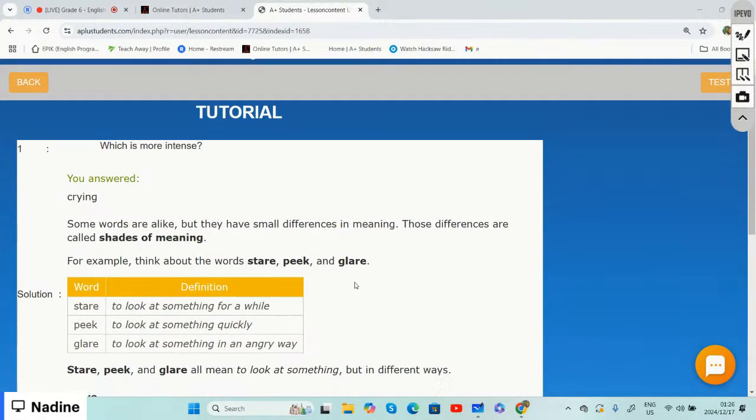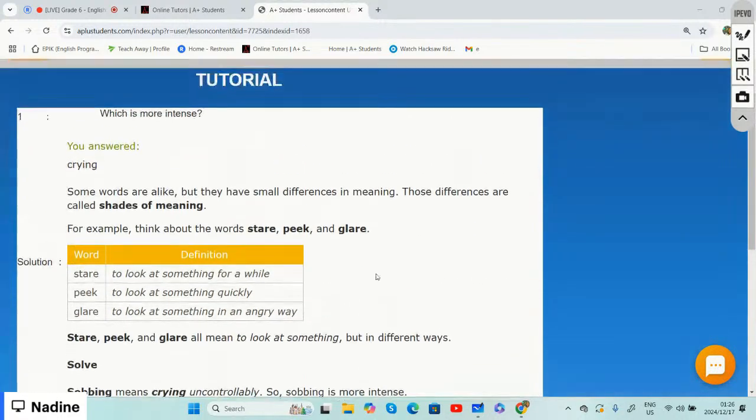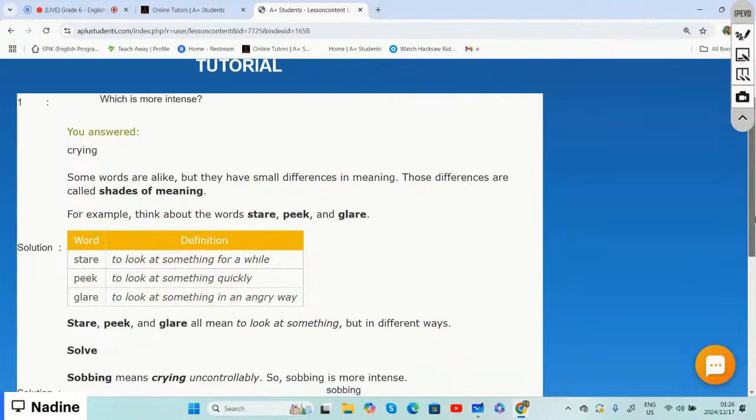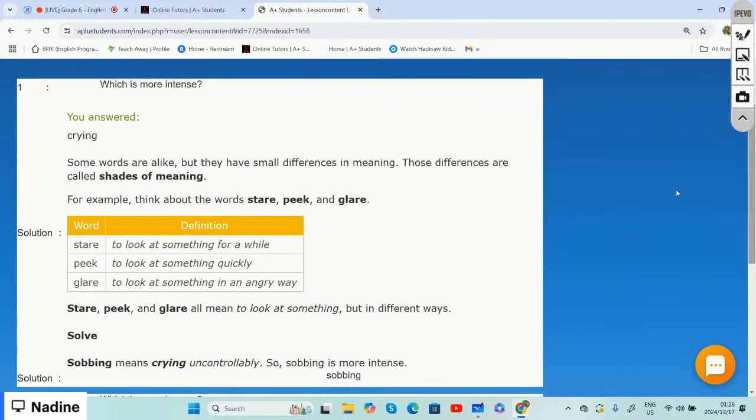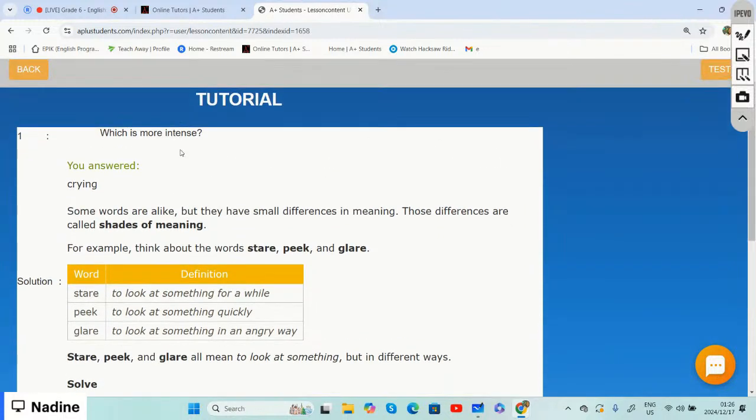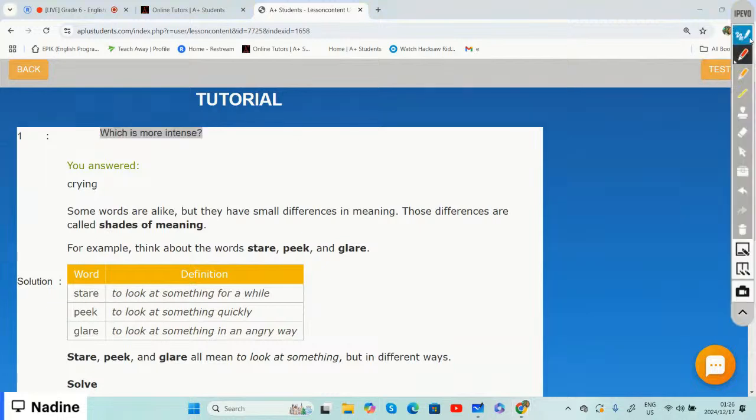So now, if we look at a little activity, if we look at a word that is more intense, which word is more intense? Would you say crying is more intense, or would you say sobbing is more intense? Which one do you think is more intense? Sobbing or crying?